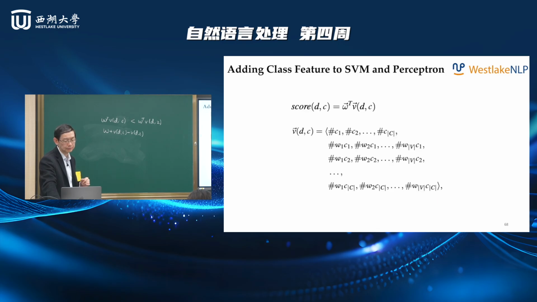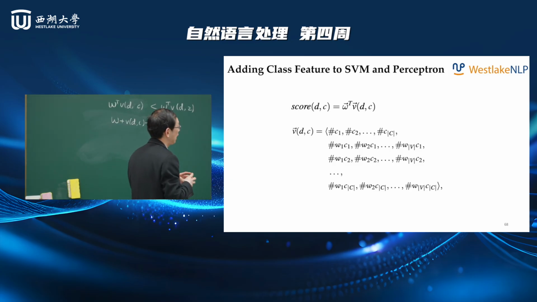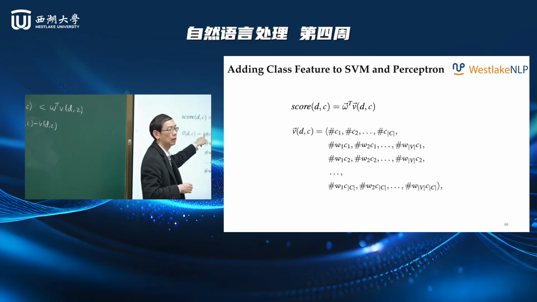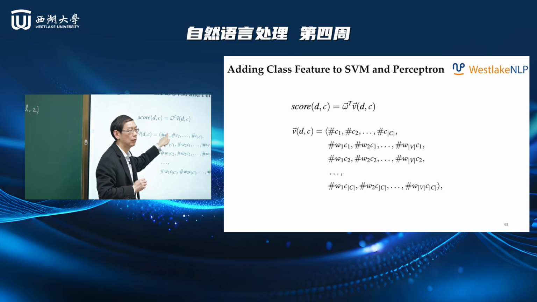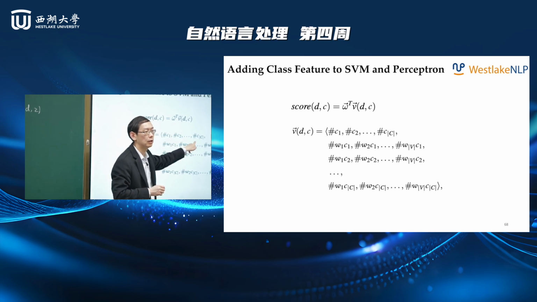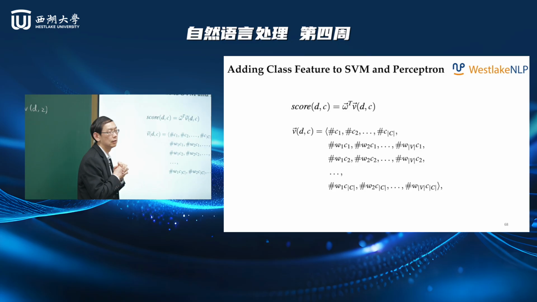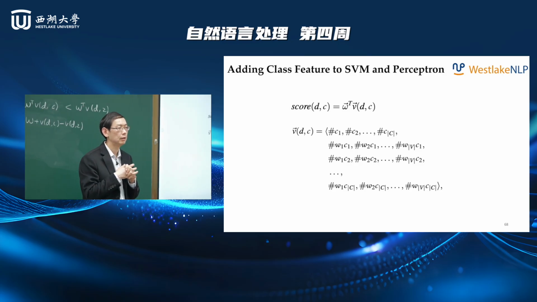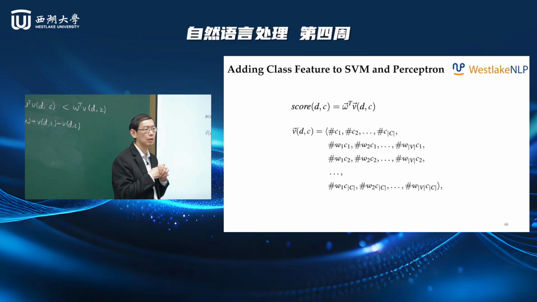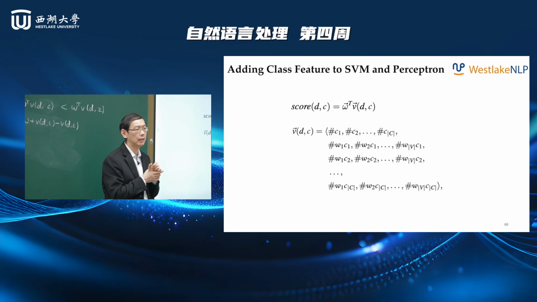How do I do that? Okay, so I can extend my VDC representation by adding 1 row. The number of C1, the number of C2, until the number of CC in my representation. Basically, I added some elements, right?